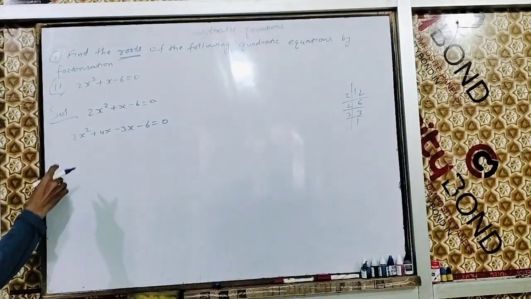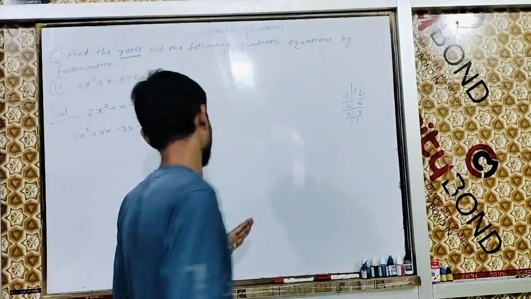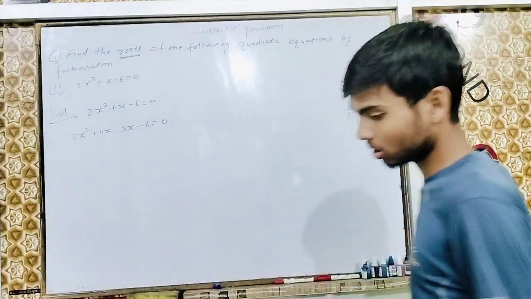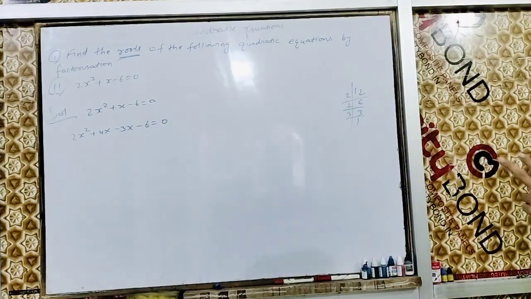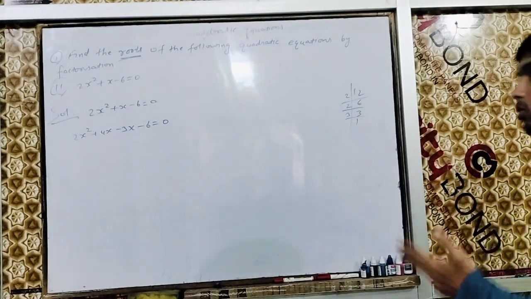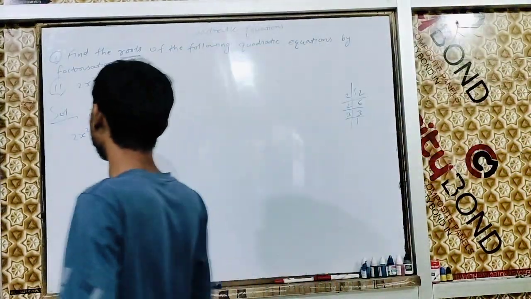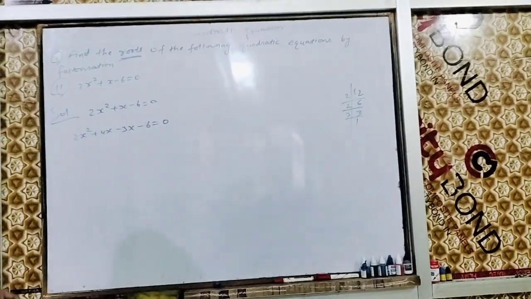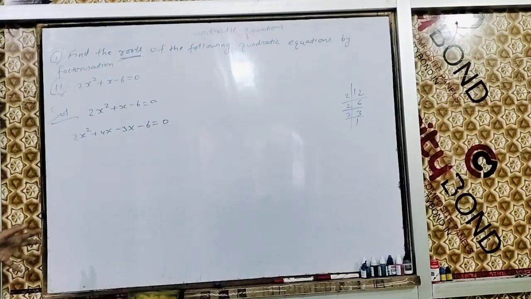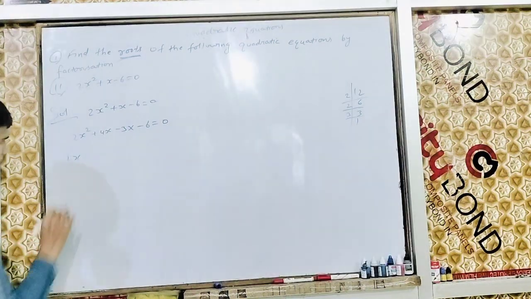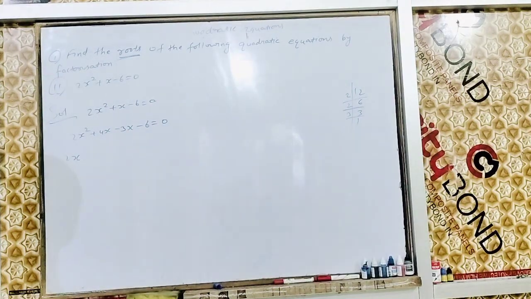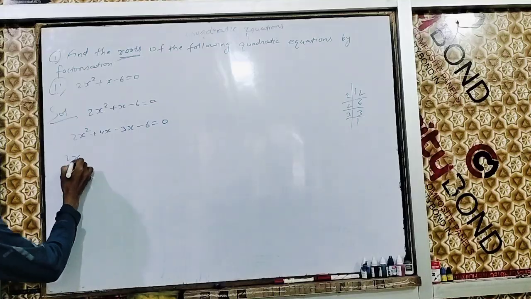Here we have four terms. Just take the first two terms, and then the second two terms. What is common in these first two terms? You would say 2 and x, 2x. Here 2x is common.